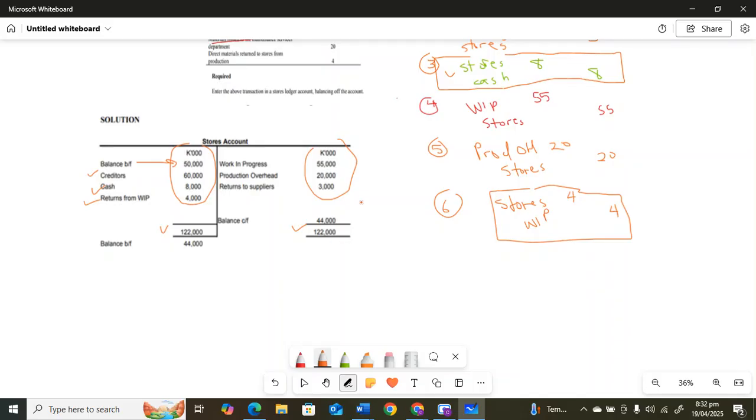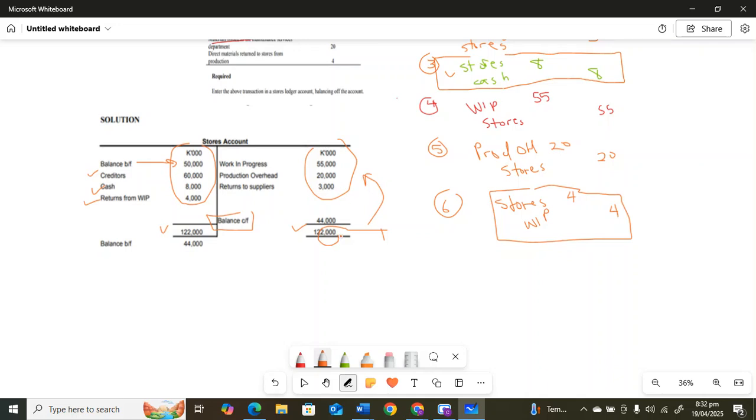Then this balance carried down: 122,000 minus this total here. 55 plus 20 is 75, 75 plus 3 is 78,000.